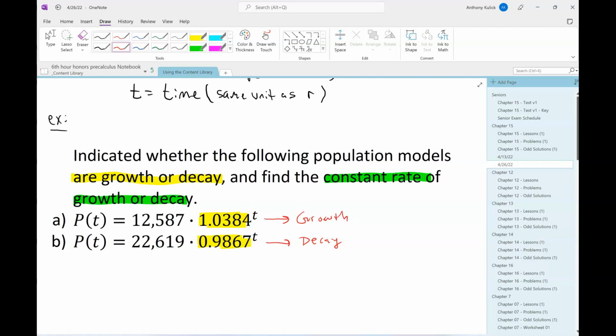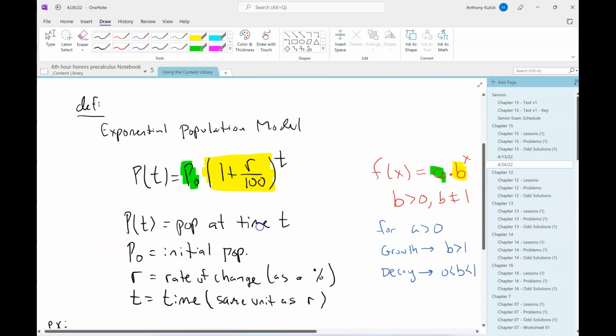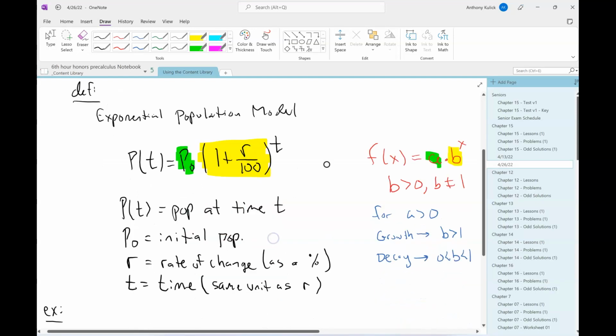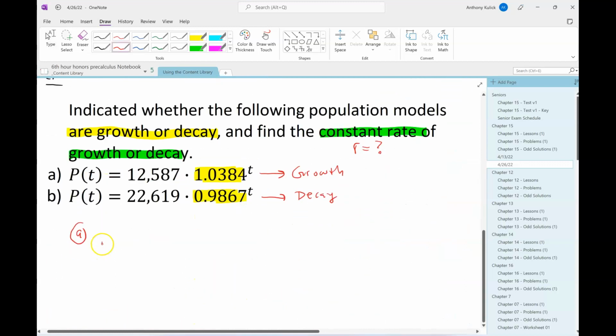The second part of the question asks you to find that constant rate of growth or decay. Basically, that's asking us for the value for r. If we look above, what we noticed is that 1 plus r over 100 is the same as b. So I can say 1 plus r over 100 is equal to 1.0384.